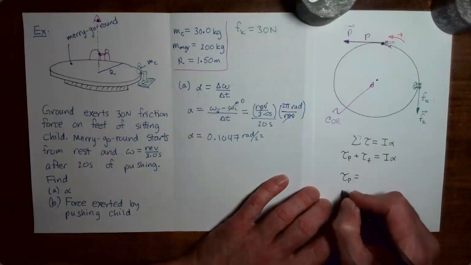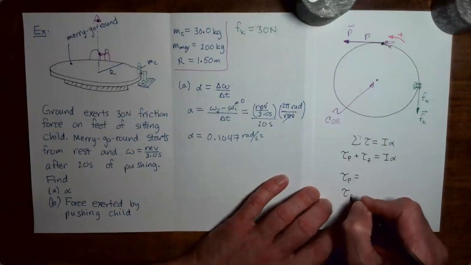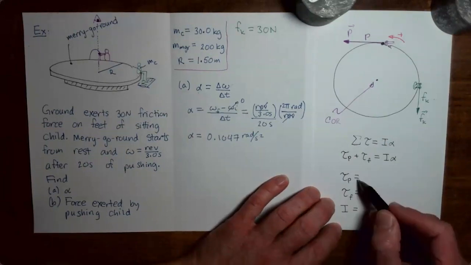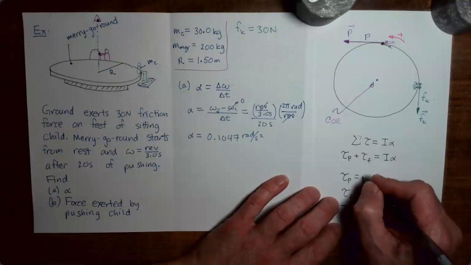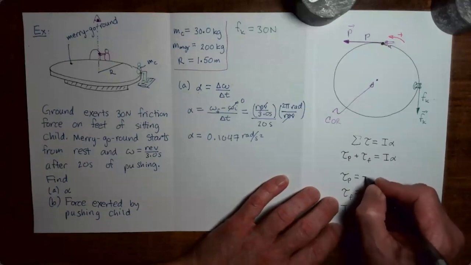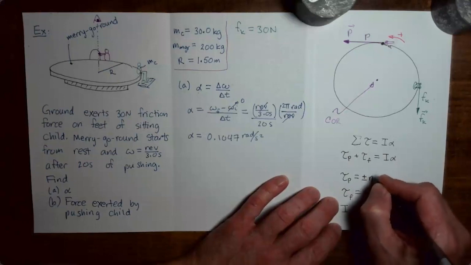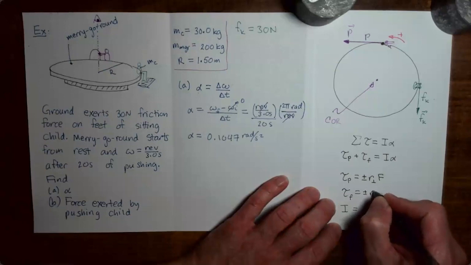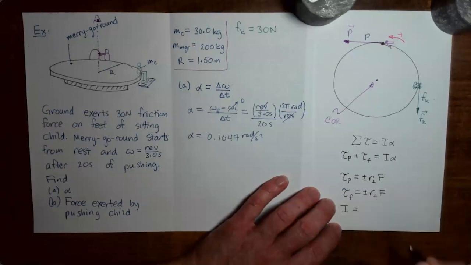We need to work out the torque from friction. And we need to work out the moment of inertia. We're going to calculate each of the torques using the moment arm formula, which says that the torque can be expressed as plus or minus the moment arm times the magnitude of the force. So we're going to apply this to both of the torques.